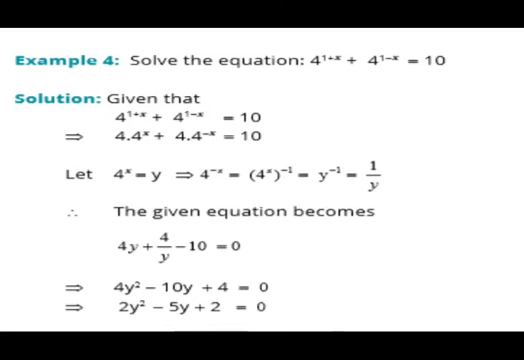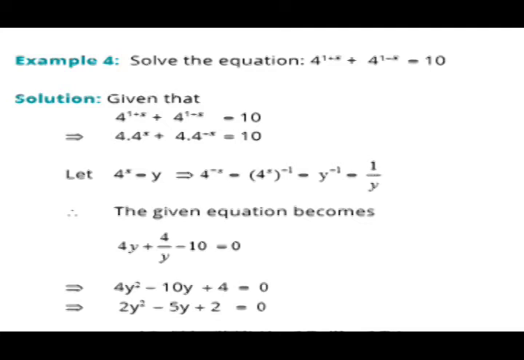Next we have an example, 4 raised to power 1 plus x and 4 raised to power 1 minus x. And then we break 4 raised to power 1 plus x like 4 raised to power 1 and 4 raised to power x, and 4 raised to power 1 and 4 raised to power minus x.